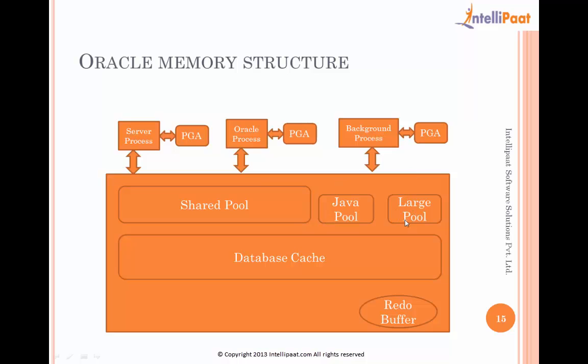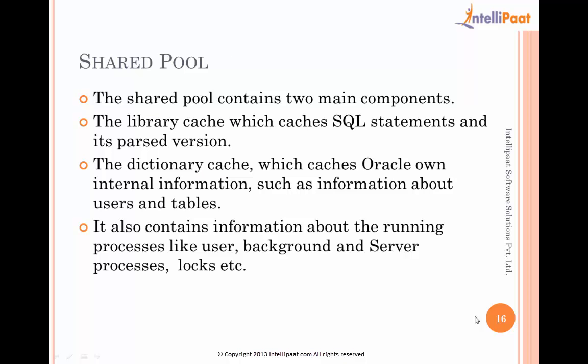Then comes the large pool. The large pool is used for backup functions, like RMAN, the backup tool provided by Oracle. And the redo buffer is used to redo transactions in case of failures or recovery scenarios. So this is the structure.